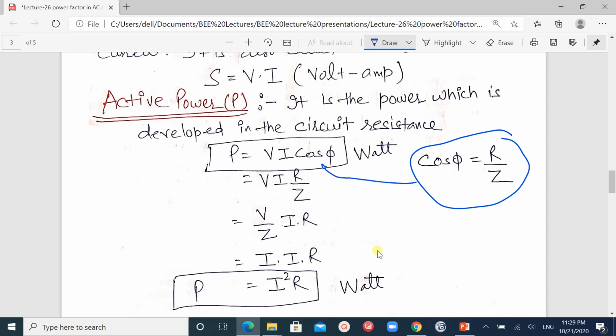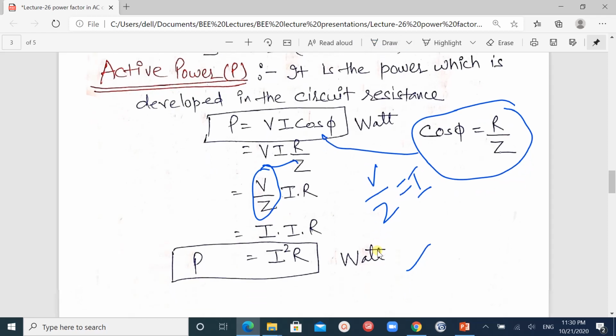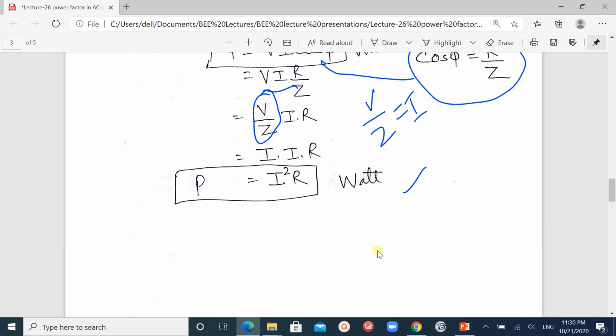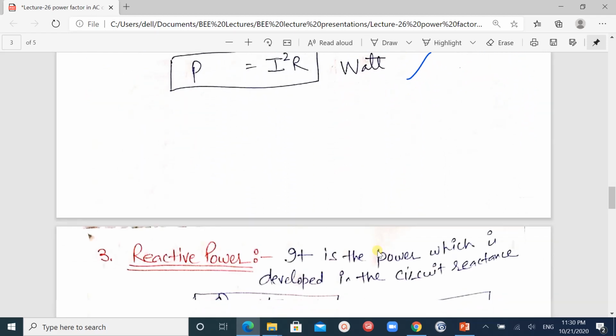V equals I into Z, so it will become V upon Z into I into R. V upon Z equals I, so I into R, it will become P equals I square R, and the unit is watt. So the unit of active power is watt, and it is denoted by capital P.